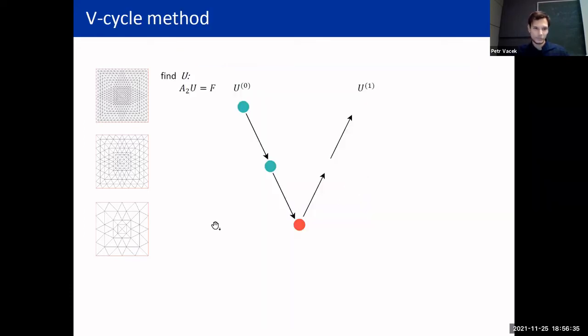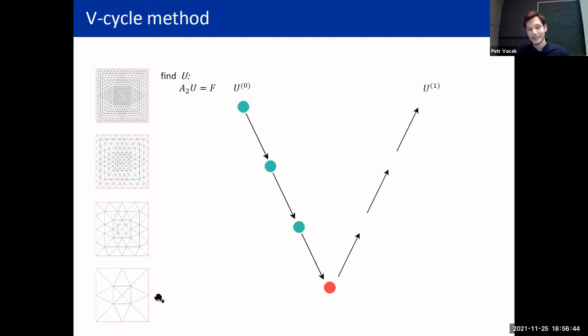And so if we have a large coarse level problem, we can start with a coarse triangulation and just have a V-cycle method with more levels.